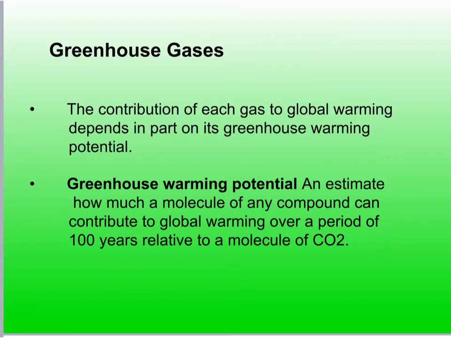Because greenhouse gases can differ a great deal in those two factors, greenhouse warming potentials span a wide range of values. For example, I think water vapor has a lower potential compared to that of carbon dioxide. And we actually have a table for that.